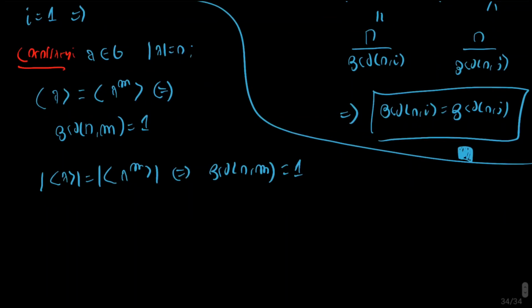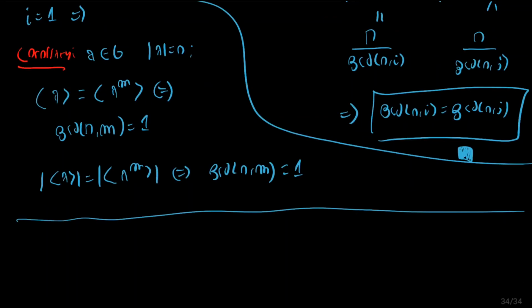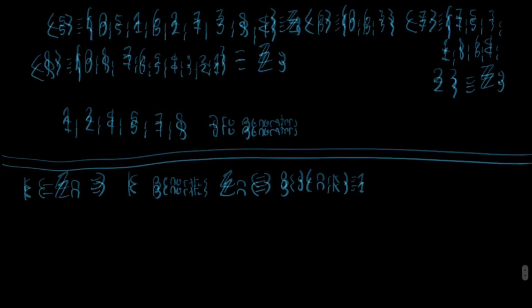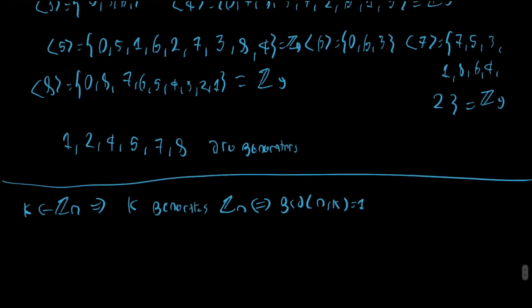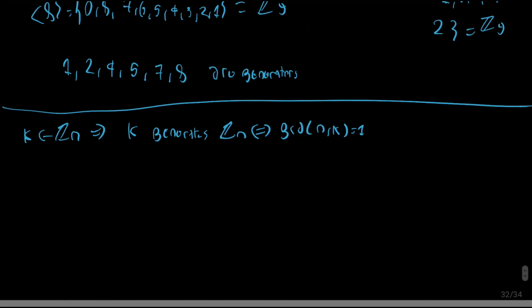Okay, but now let's see how this implies the observation that we made earlier when we worked with addition groups modulo n. So let's see, we said that k generates Zn if and only if it is coprime with respect to the modulus of the group.